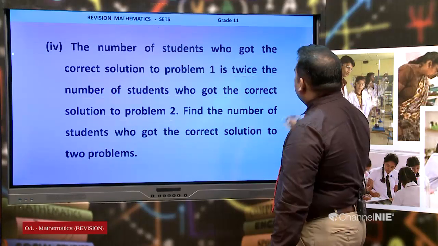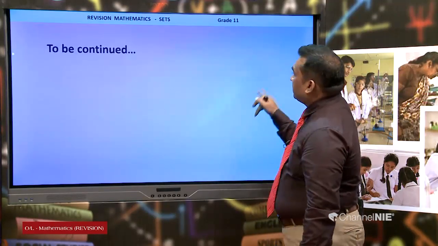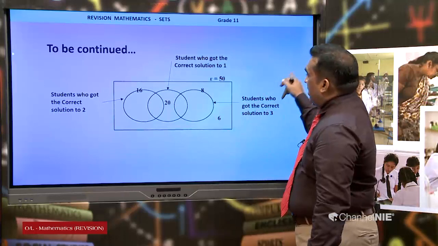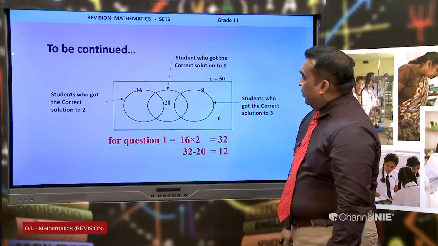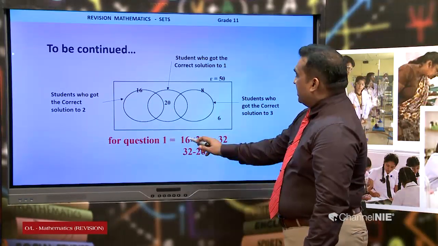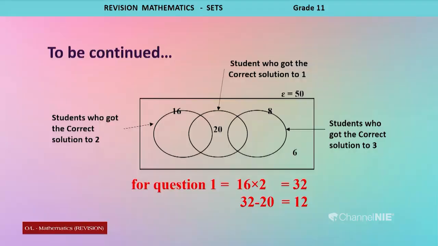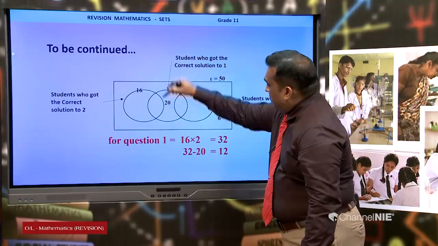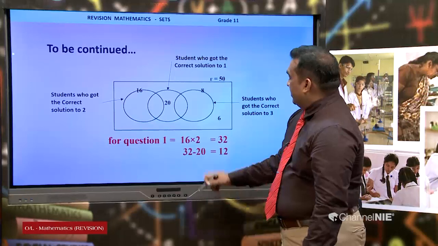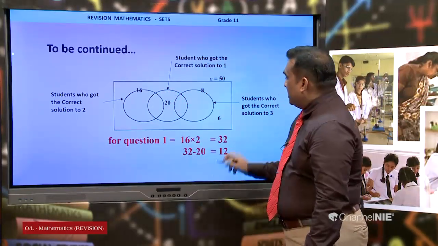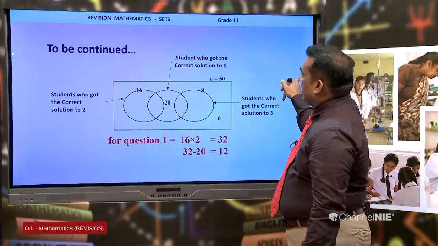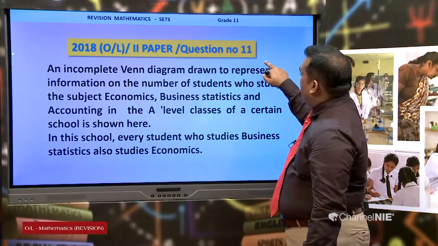Now, according to that information, we know that for question number 1, 16 multiplied by 2, 32. It means for question 1, 32. 32 minus 20 is 12. 12 is the answer. Can you understand it?